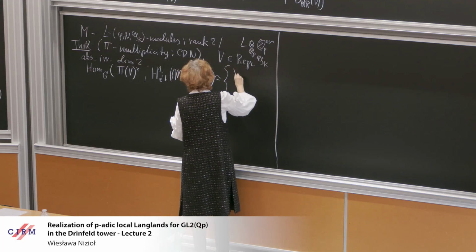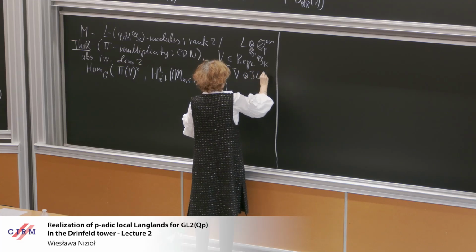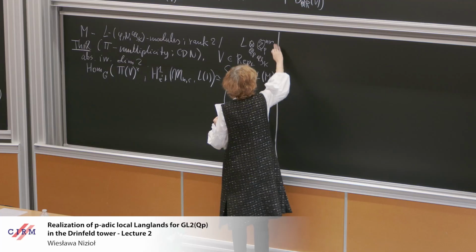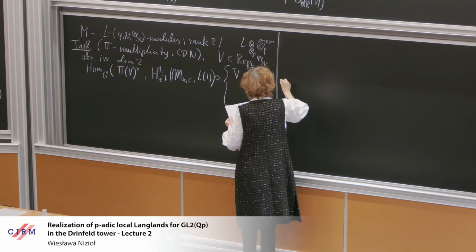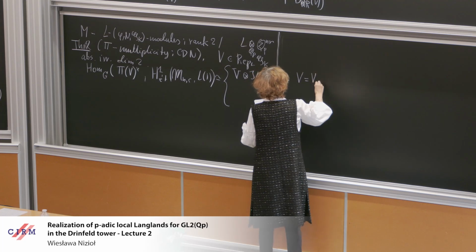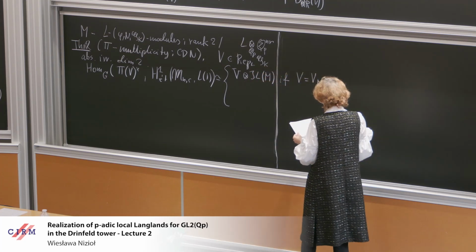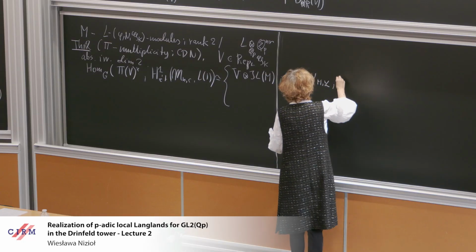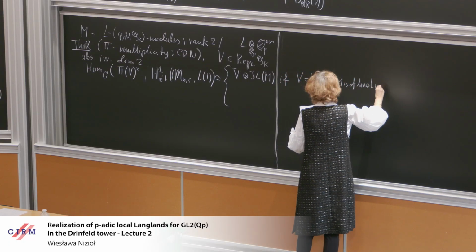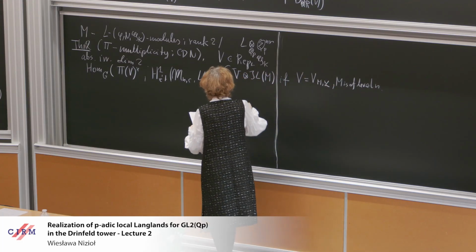So we have V tensor Jacquet-Langlands of M, if V is V(M, L). I will write the definition here, but this is the Fontaine functor, and M itself is of level n, and I will explain in a moment. Okay, and 0 otherwise.